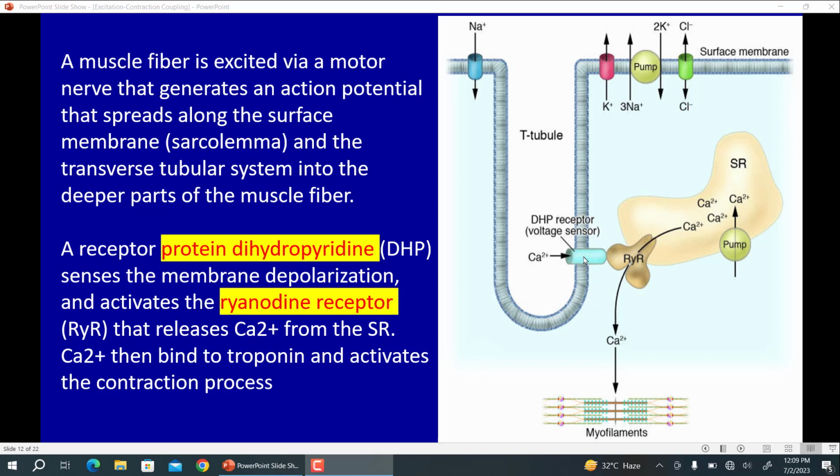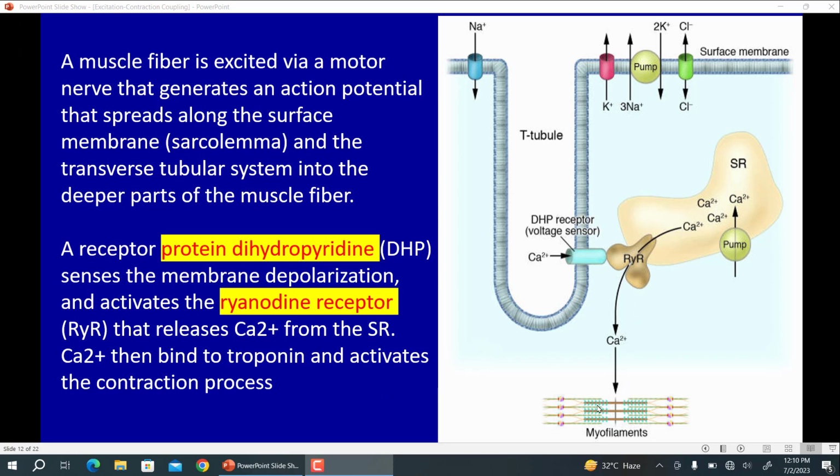This receptor senses the depolarization and activates another receptor present on the cisternae of the sarcoplasmic reticulum, called the ryanodine receptor. They open the calcium channels and release calcium from the sarcoplasmic reticulum. The calcium binds to troponin and activates the contraction process.